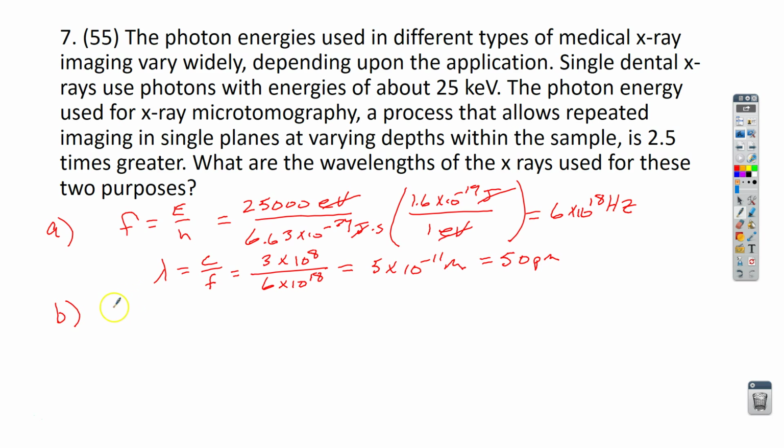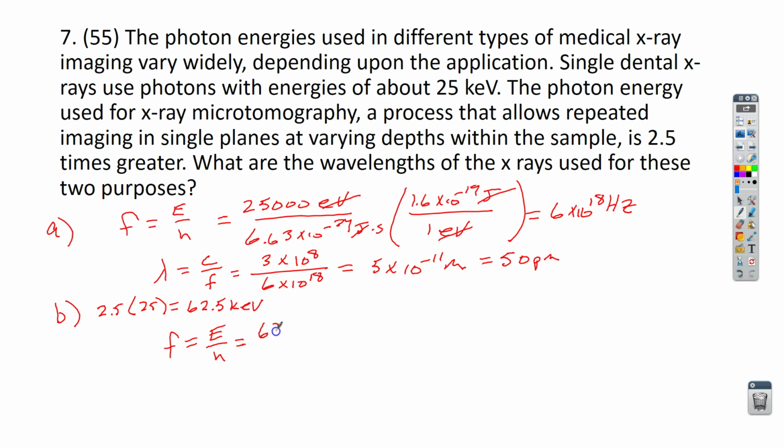Letter B, this would be for something 2.5 times greater. So I'm going to take 2.5 and multiply it times 25, and I end up with 62.5 keV. So let's go ahead and find this. f is equal to E over h.